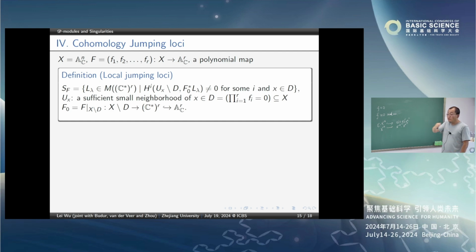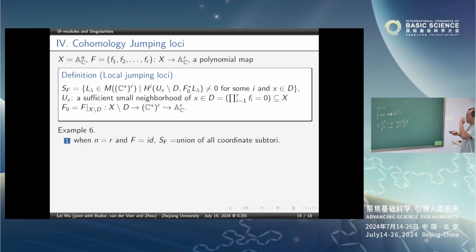That means this B function should contain every local piece of information as well. So instead of considering this jump locus globally, we have to consider the local jump locus. That means we need to detect this non-vanishing in every small neighborhood. So this gives us a local jump locus.